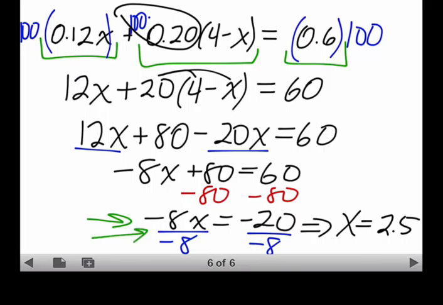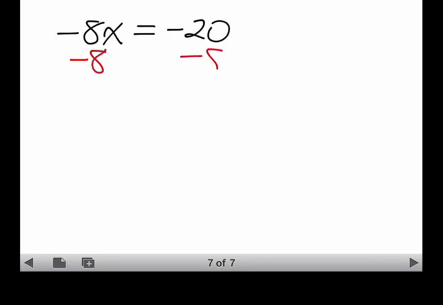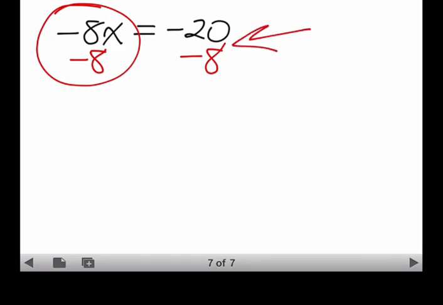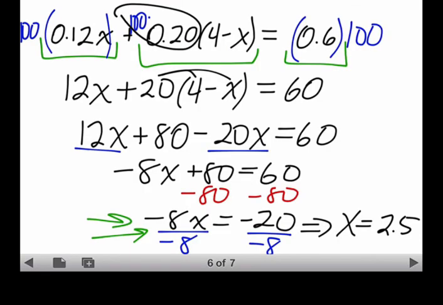What this ends up looking like, if I can go to the next page, is we had negative 8x is equal to negative 20, and when people make the mistake of forgetting the fraction bar, they'll write the negative 8 on both sides, intending to divide on the left-hand side, and what they ultimately end up doing is subtracting on the right-hand side. Make sure you use your fraction bar and avoid that mistake, and end up with the answer of x equals 2.5.